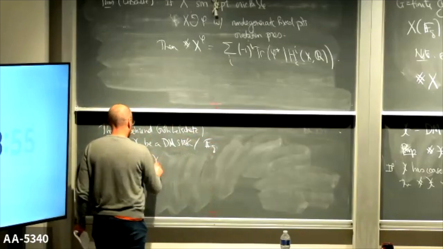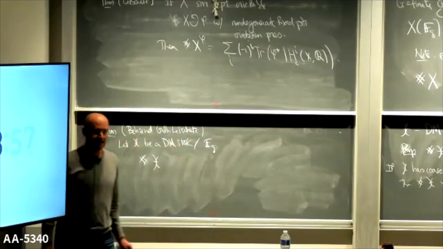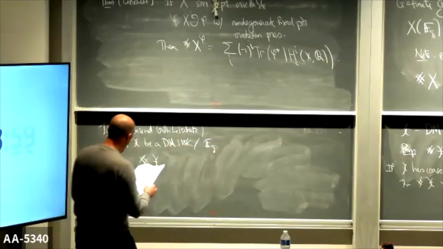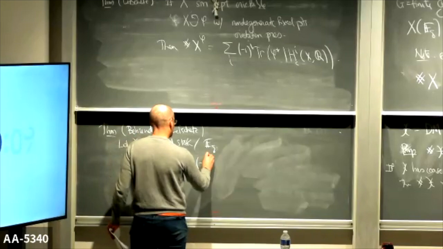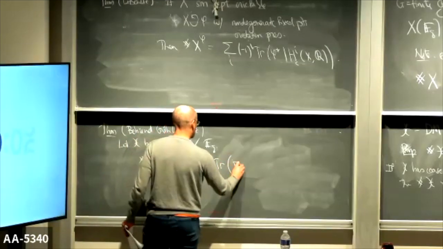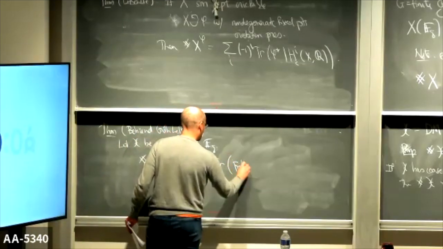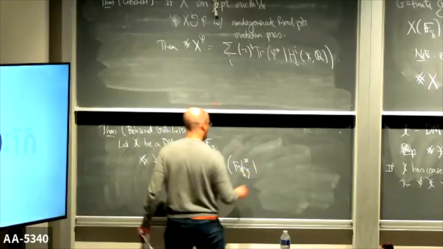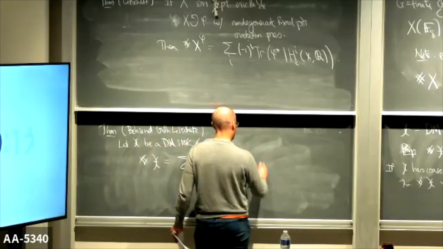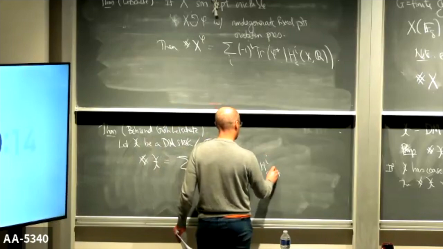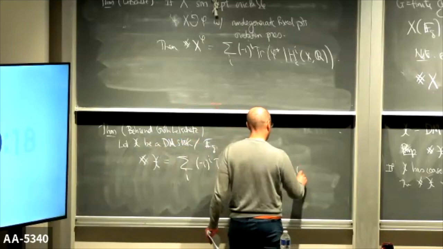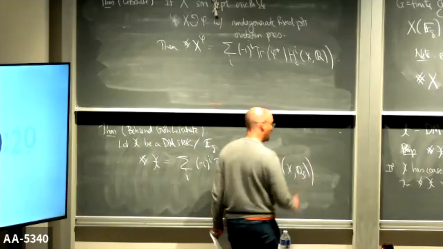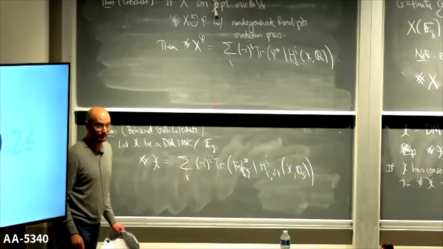Then the number of points is equal to the sum over i of (-1)^i times the trace of Frobenius acting on the compactly supported étale cohomology of X with coefficients in Q_l, for any l prime to q.